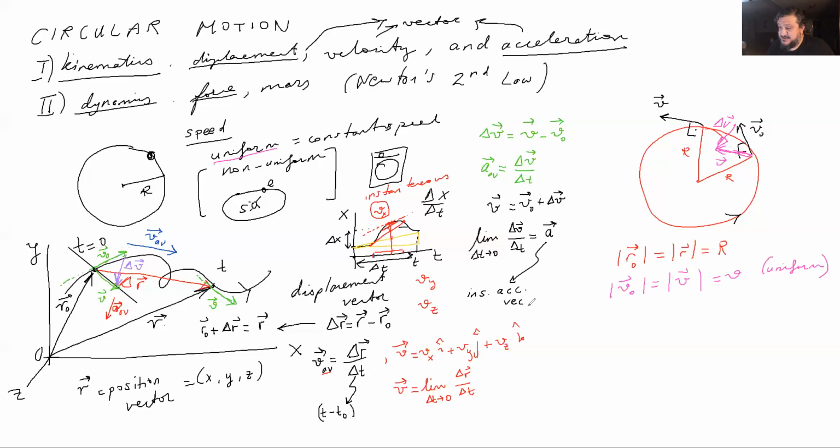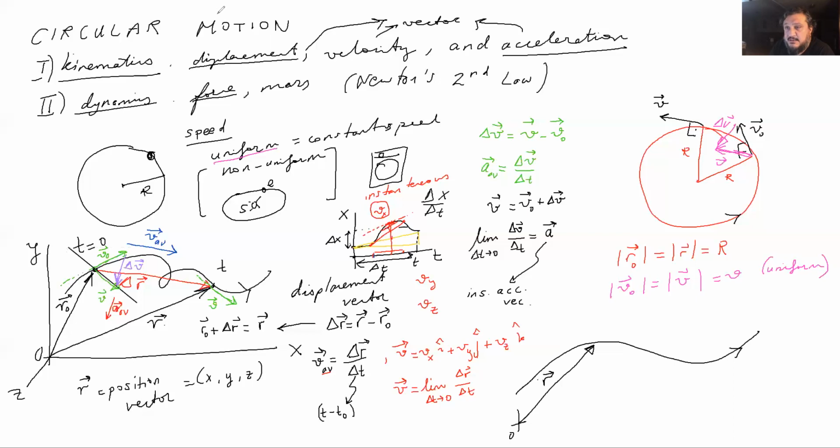What about the direction of the instantaneous acceleration vector? Let me try to draw an arbitrary path here of an object moving on this plane. Here's my origin, and this is the position vector, r. And now I know two more vectors.